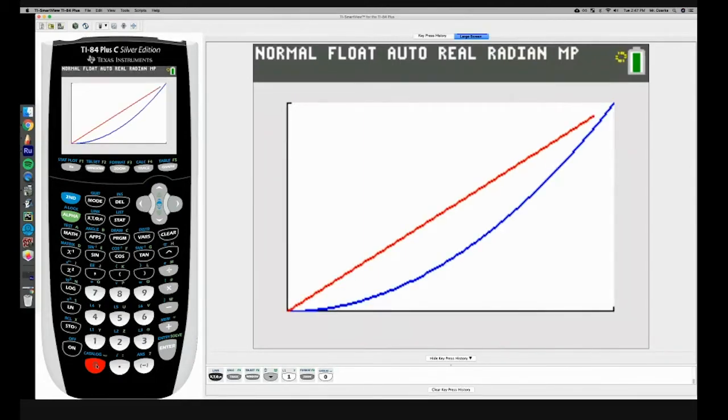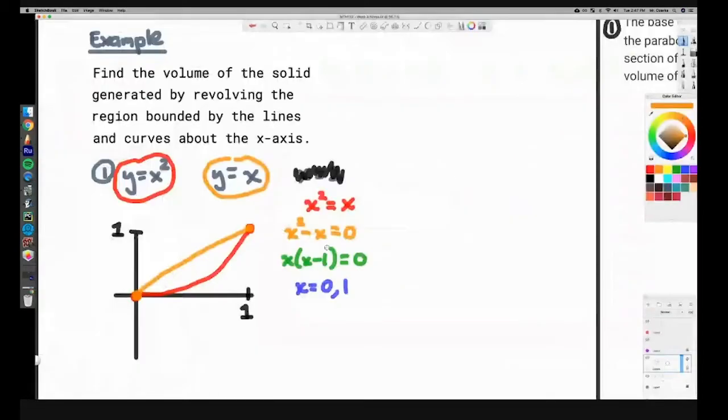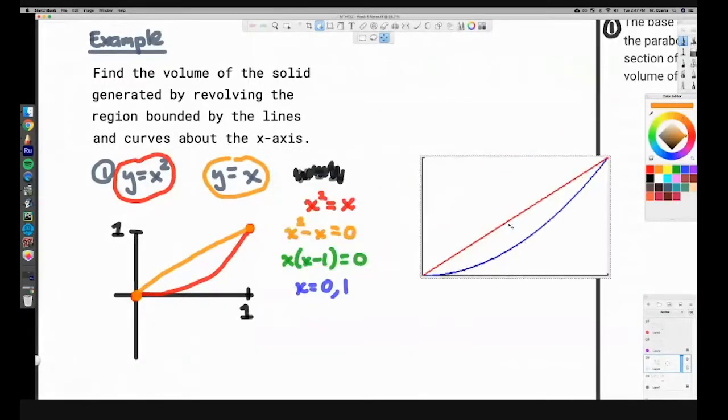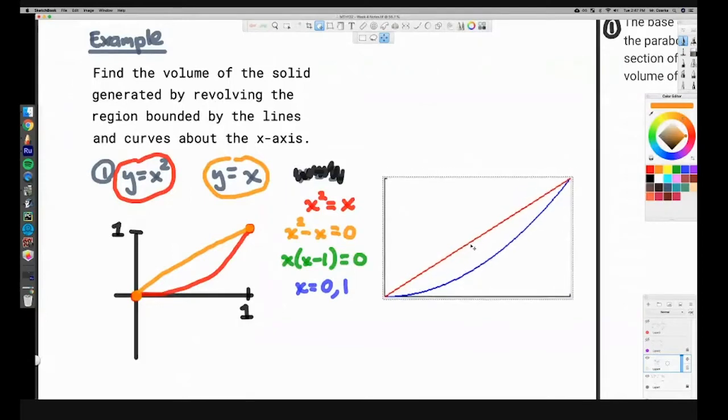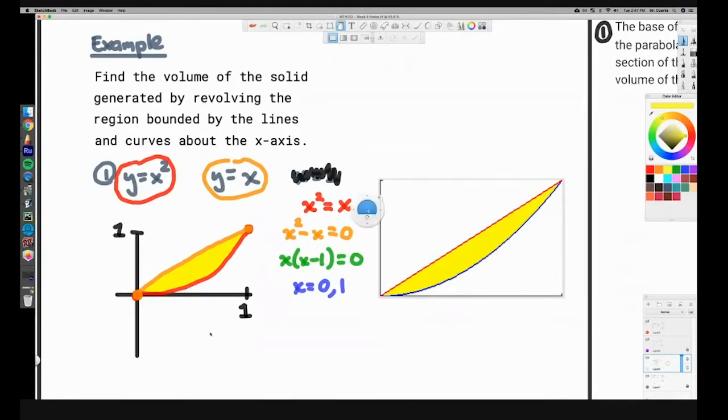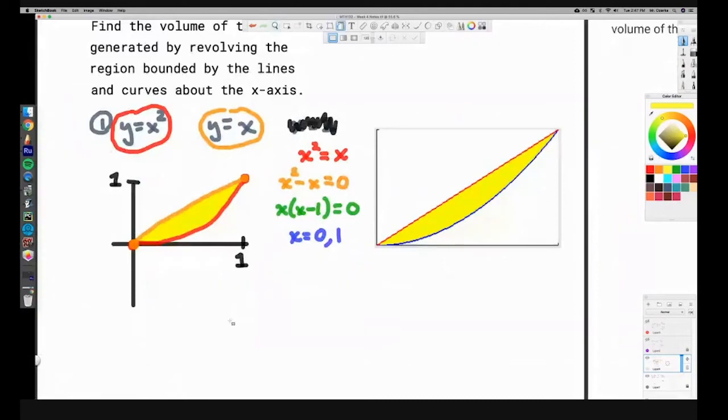You can kind of see that's what we're looking at here. I should have used the same colors on these, but it represents the same region that's bounded. At least the yellow matches the color coding.